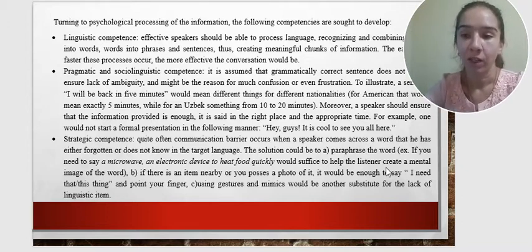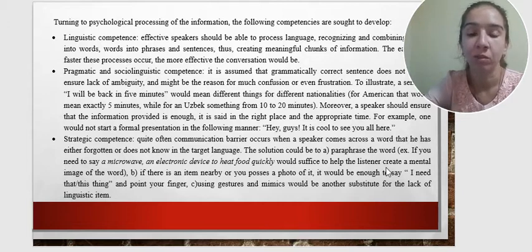There are several ways to express your idea without the reference of that actual unfamiliar word. For example, the first solution would be to paraphrase it. If you need a microwave oven in the shop, but you don't know how to name it, you could describe it as an electronic device to heat food quickly. So the listener would understand you better.